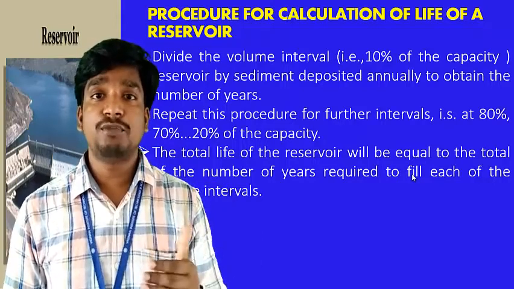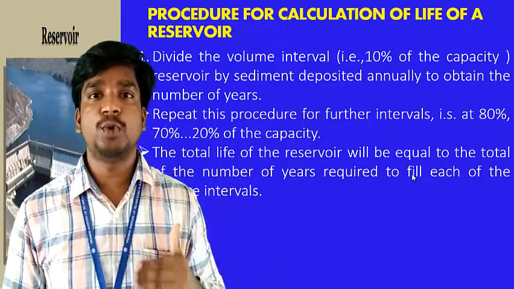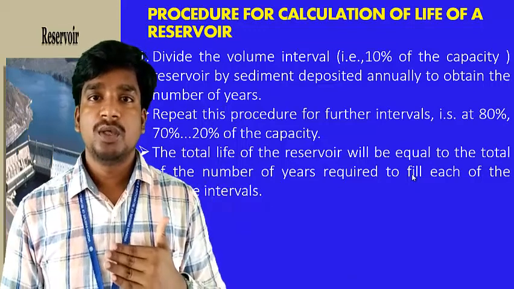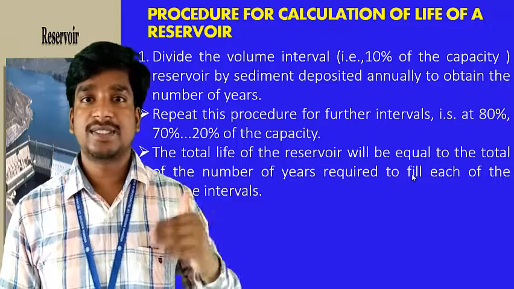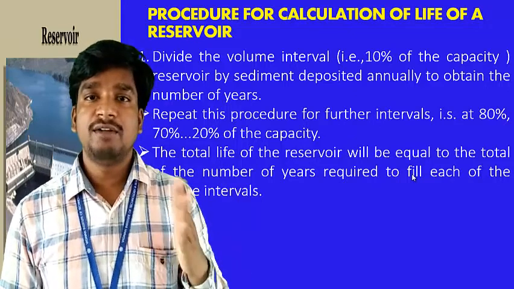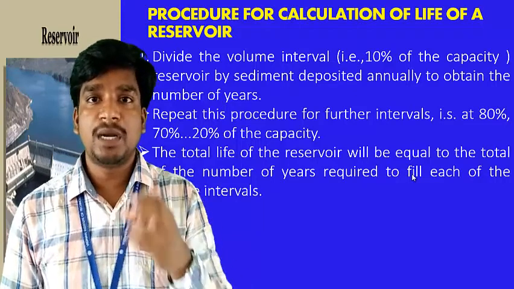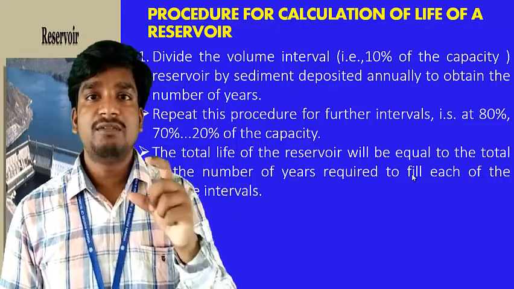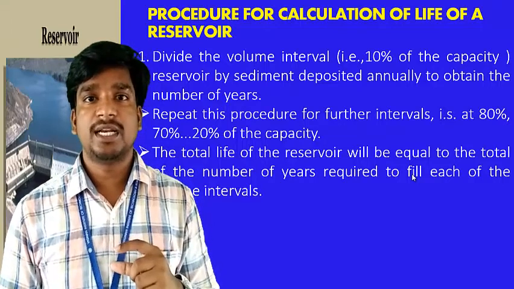Then after this, in a similar fashion, we need to assume 10%, 20%, 30%, 40%, up to 80%. The same procedure is adopted: we take the averages of the successive volume intervals, calculate the sediment deposition rate, and divide each volume by ST, the sediment deposition rate.